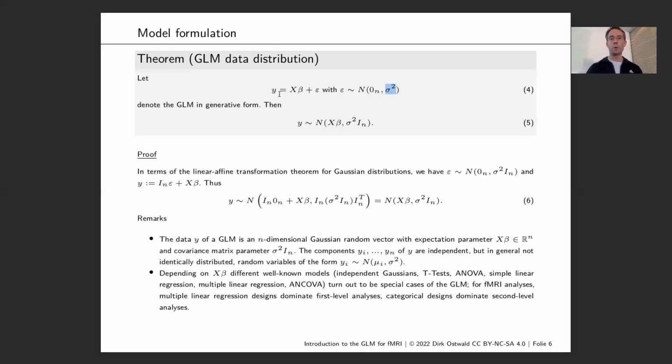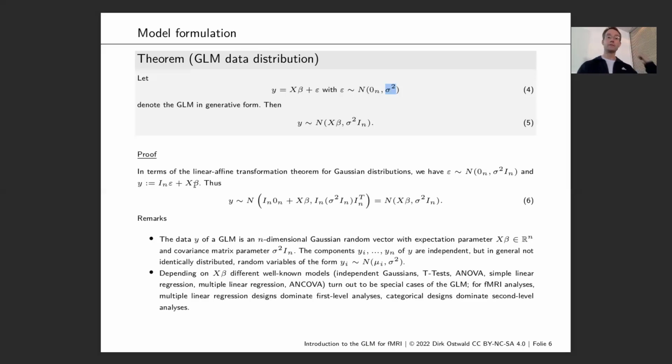And our y is a linear affine transformation of epsilon, where our matrix R that we saw earlier is just the identity matrix. And then we add something to it, namely this vector x beta. That's our B from earlier on. So that's how things are in terms of this linear affine transformation theorem. We have IN times epsilon plus x beta.